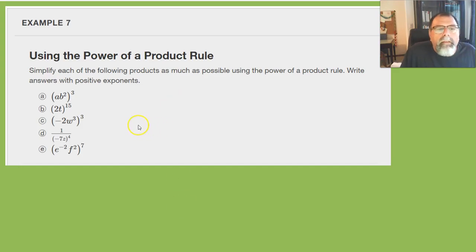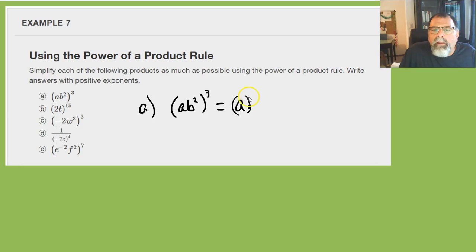All right, looking at example 7, using the power of a product rule. For a, we have (ab²) raised to the 3rd power. So again, you're going to raise each of the factors in the product to the 3rd power.